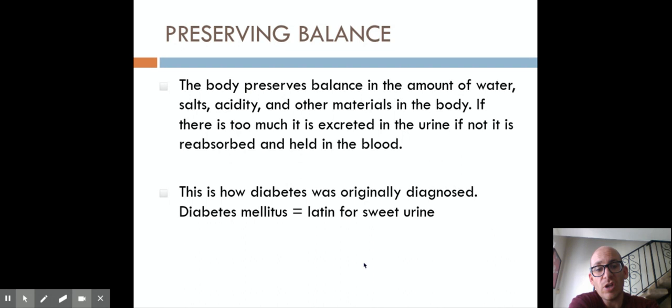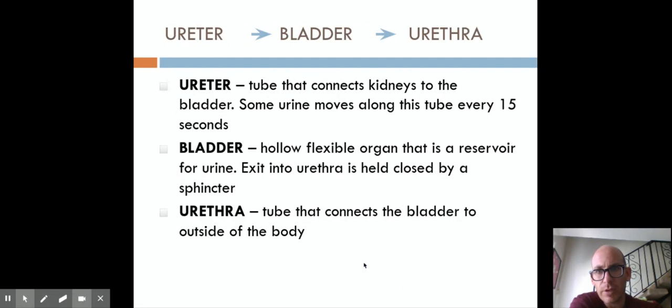So you get this sugar being excreted in the urine. And that's what diabetes actually means. Diabetes mellitus is Latin for sweet urine. And that was originally how it was diagnosed, if somebody had sweet urine that was disgustingly tasted back in Roman times. Okay.